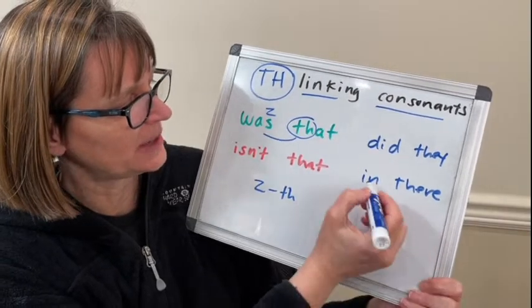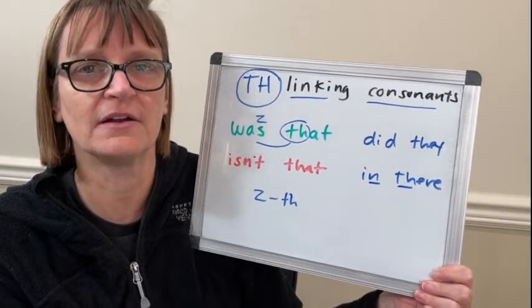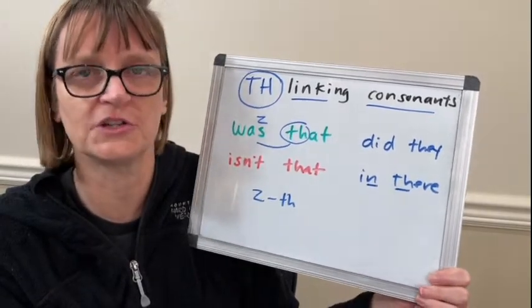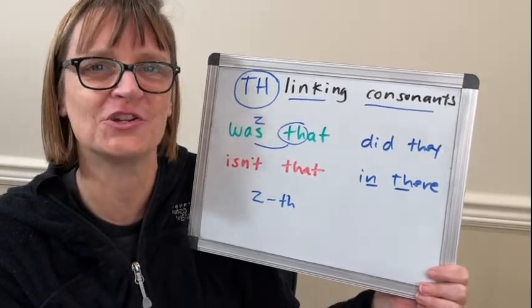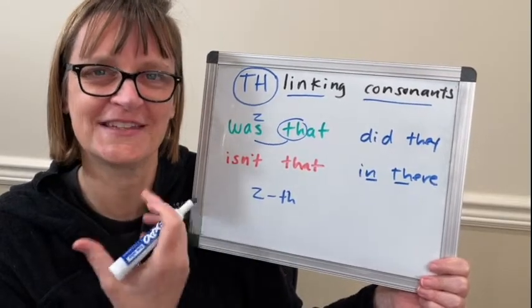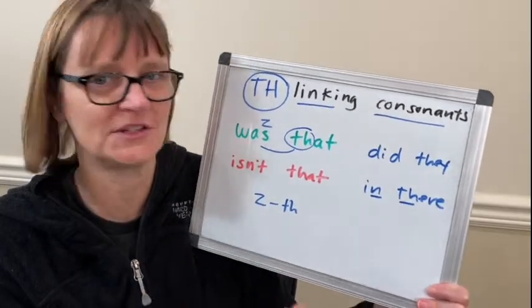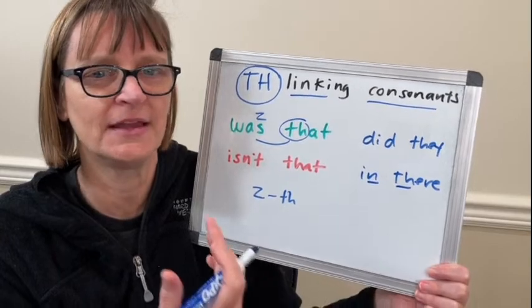Looking at the next combination, I want to look at the N to TH combination: in there, in the, on the, etc. Another very common combination. Some of the most frequent two and three word phrases have in and on with them, there, those, etc. So everyone needs to be able to do this easily.